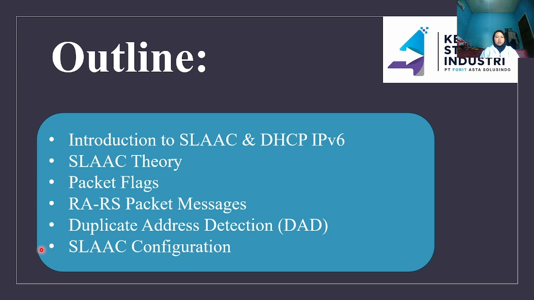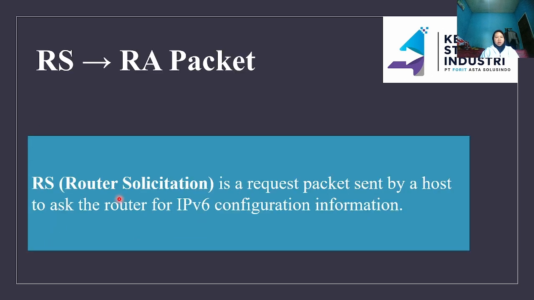Now let's move on to the packet messages. ICMP version 6 also has a packet called router solicitation (RS). It is a request packet sent by a host to ask the router for IPv6 configuration information. So before the router sends the information, the RS packet is first sent from the host to the router. After that, the router sends a router advertisement (RA) message containing the IPv6 configuration information.